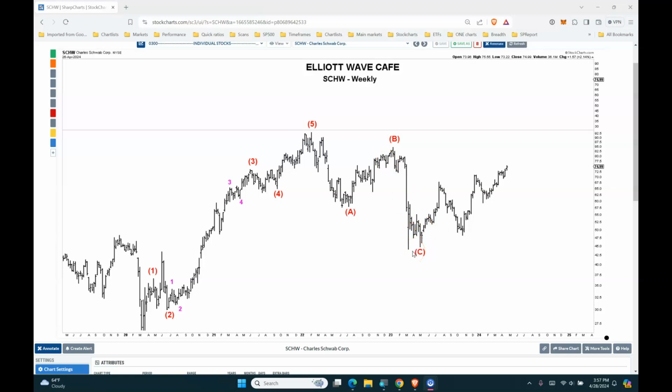It doesn't mean that it could not work, of course, but you have to be very tight with your stops, and it's for those that maybe have a little bit of higher risk tolerance. Once you see this low being made, you use that as a stop, and then if you make a new low, that's it, and you have to reinitiate at some point if the structure starts to look fairly decent.